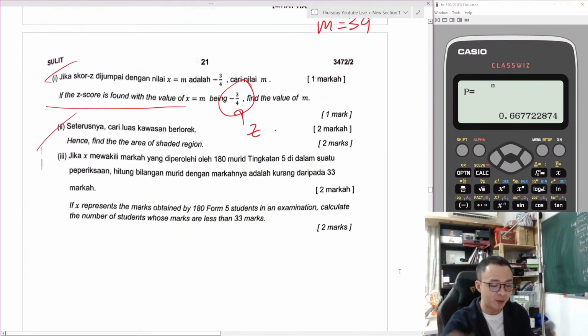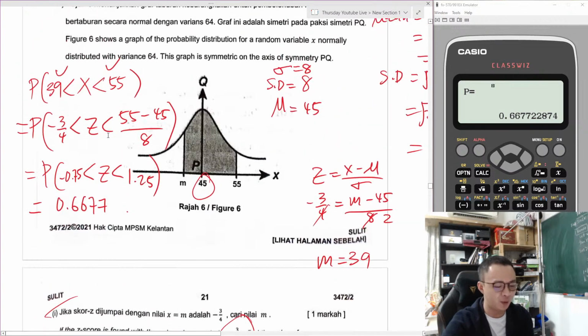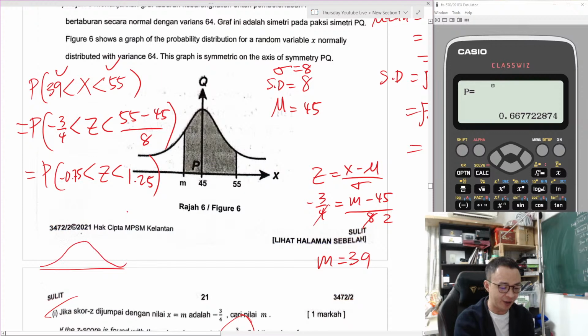If you don't have this model of calculator, you can definitely do it manually without using the calculator. Because this value is between here, I will encourage you to use 1 minus both parts you do not want.